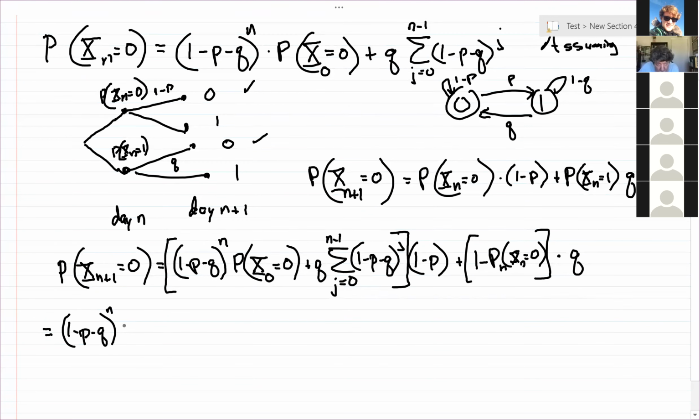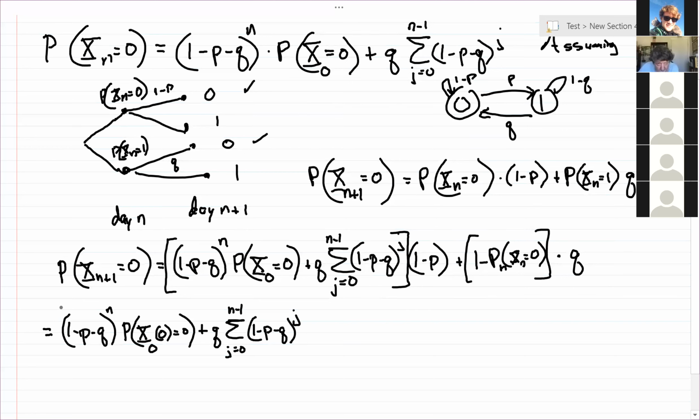And the probability that X naught is 0, plus Q times the sum. And inside the sum is (1 minus P minus Q) to the j power.